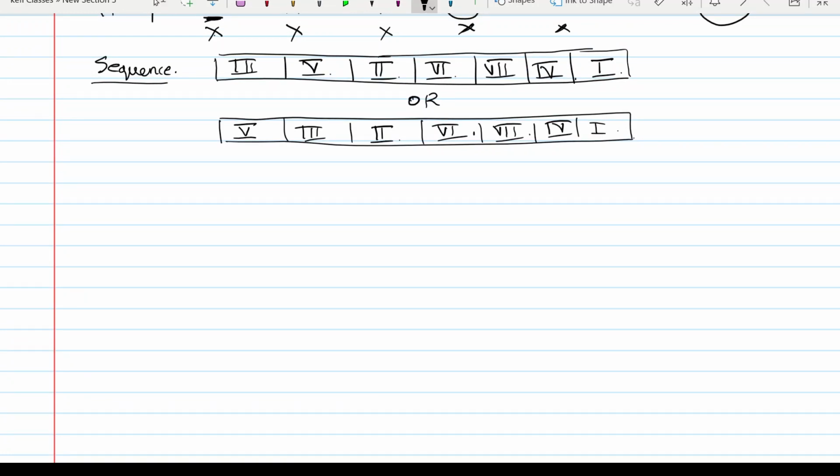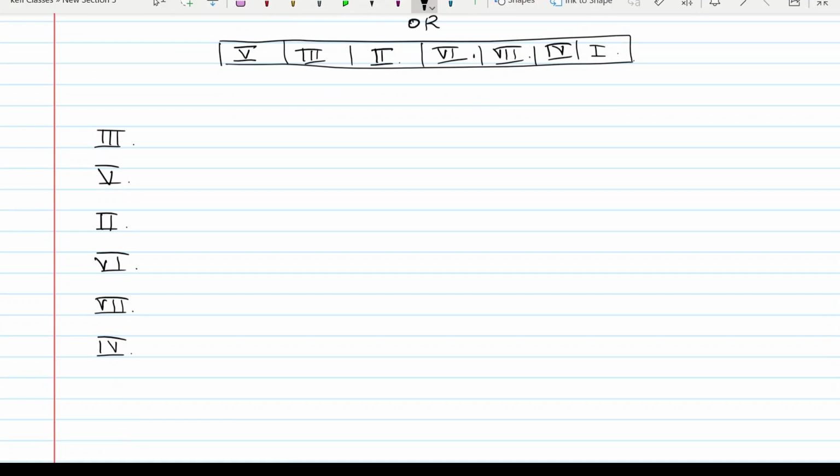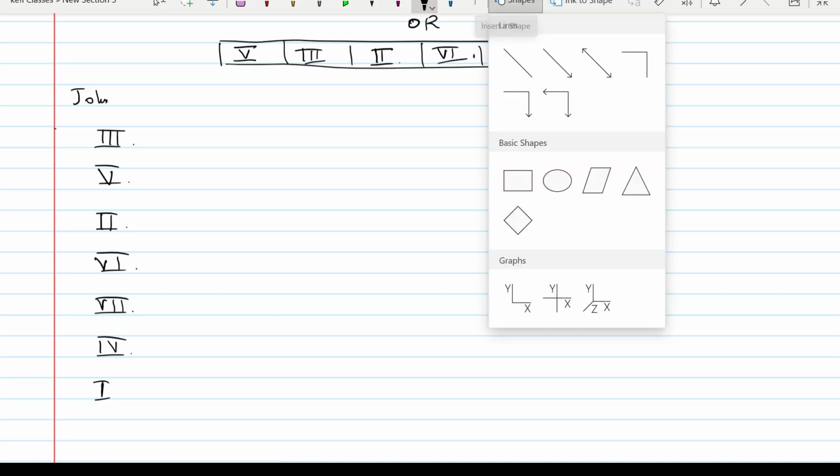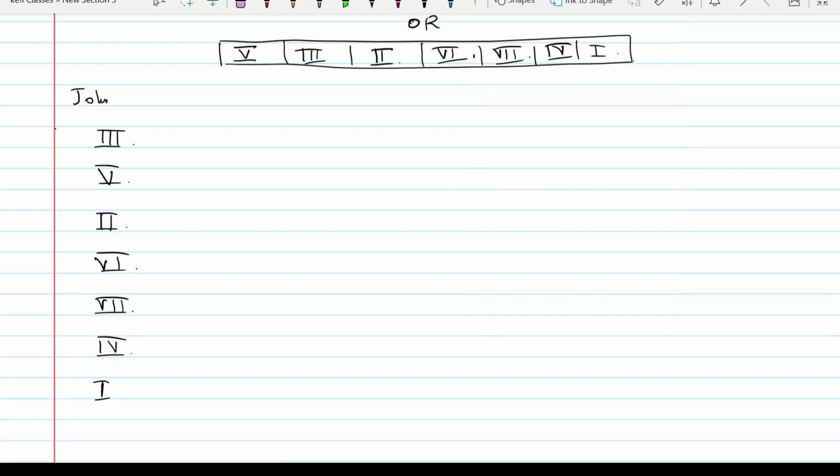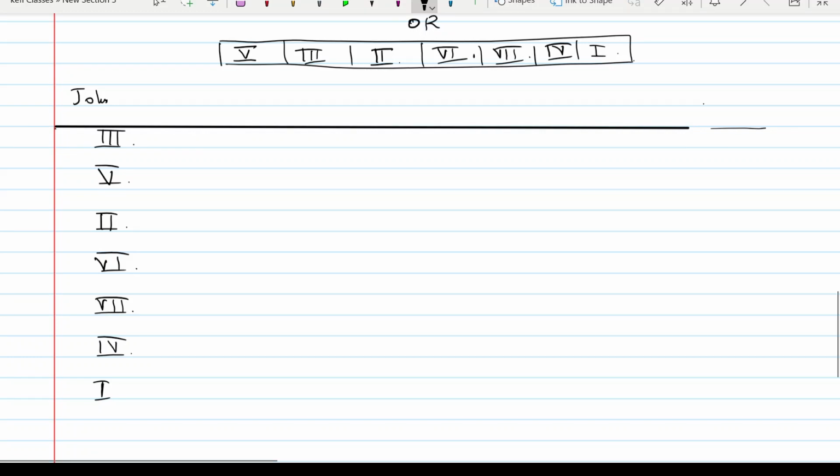So the sequence will be 3, 5, 2, 6, 7, 4 and 1. So this is job. Don't rush 1 minute. अब तीनों मशीन के लिए करना है ना. Yeah.